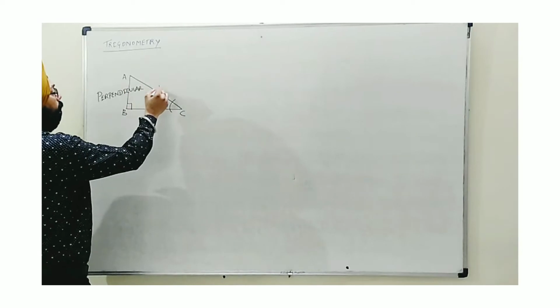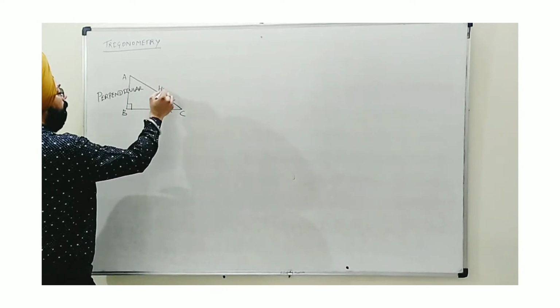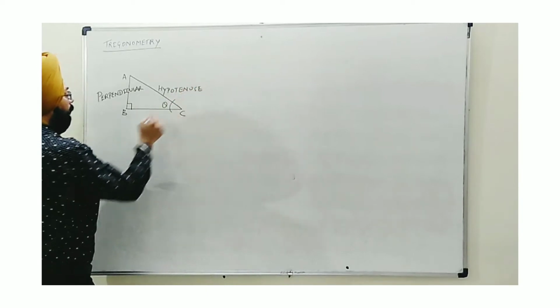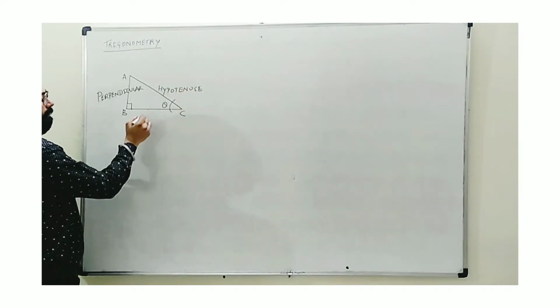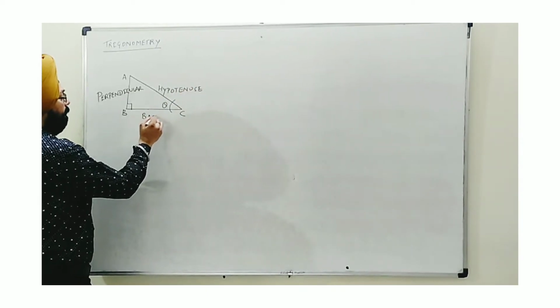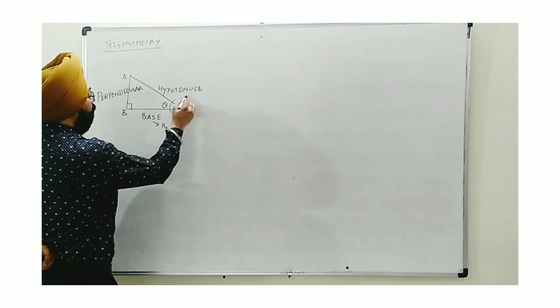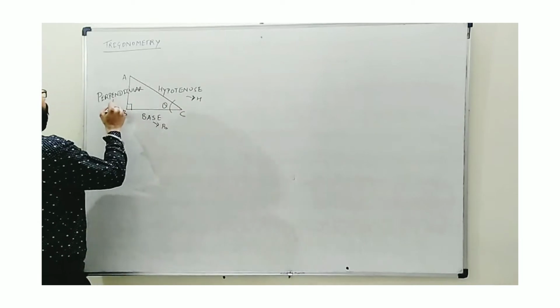Opposite to 90 degrees is known as hypotenuse. And the third side is known as the base. Now I will take this as B, obviously this is H and this as P.